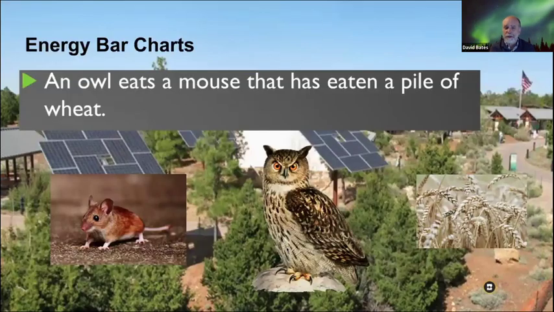So modeling uses this particular technique throughout the program as a way to help kids get the idea of energy and its role in our world and our lives. Going back to our food chain, an owl eats a mouse that has eaten a pile of wheat.